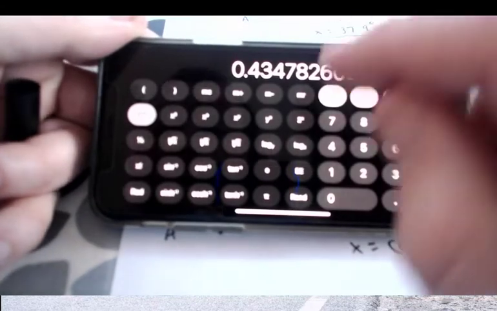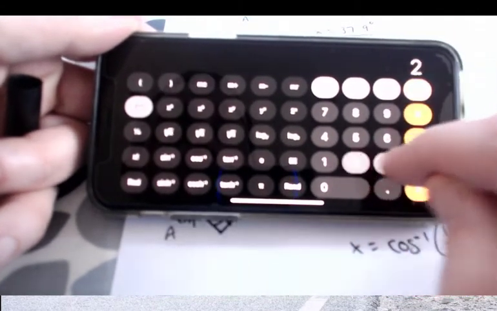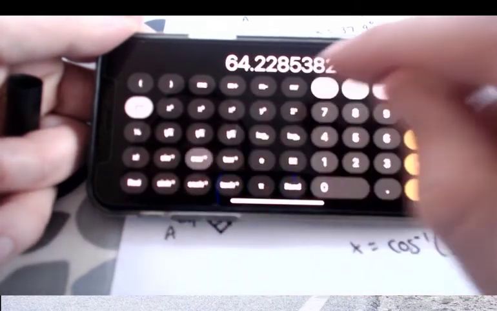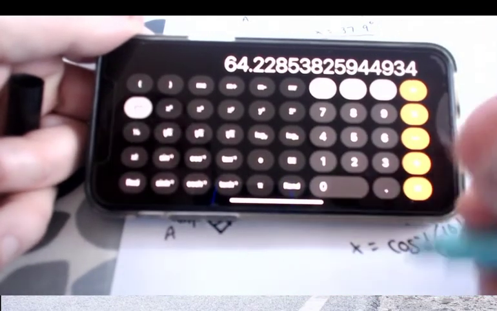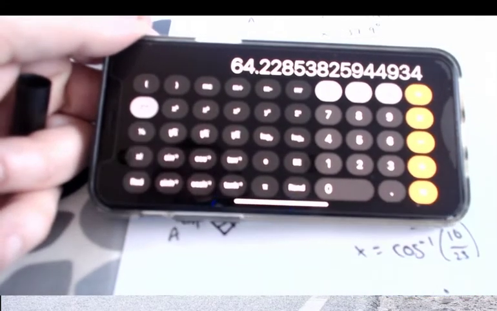Sorry, I'll just let you see that again. So I did 10 divided by 23 equals, and then inverse cos 64.2 if I'm going to one decimal place, degrees.